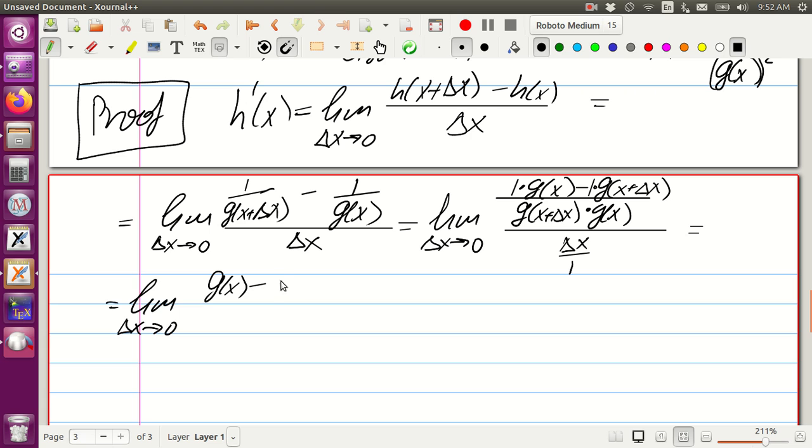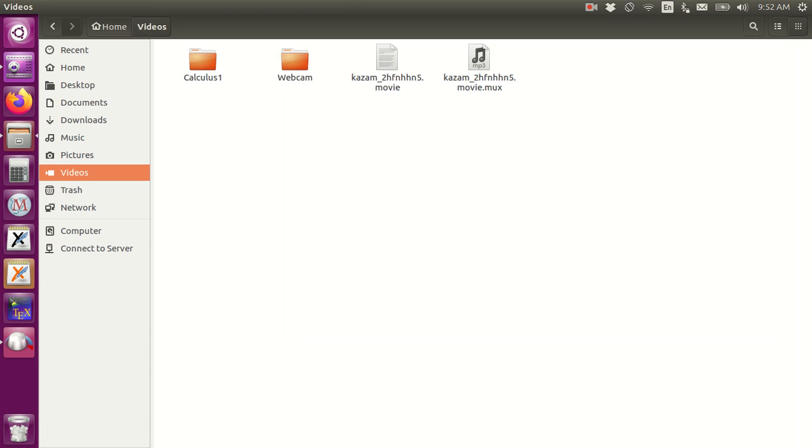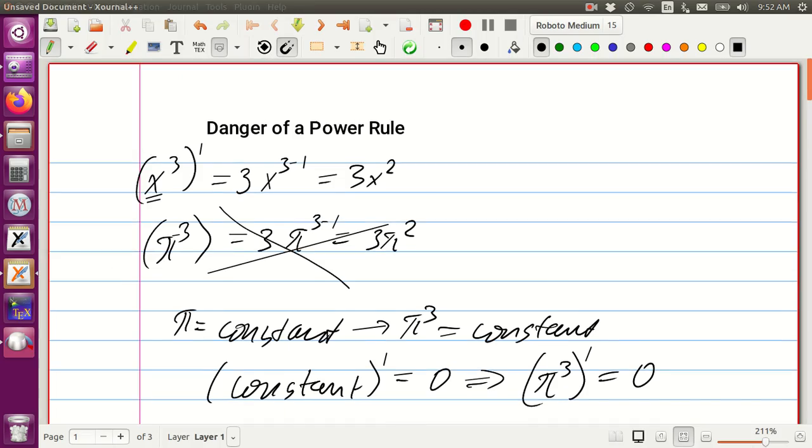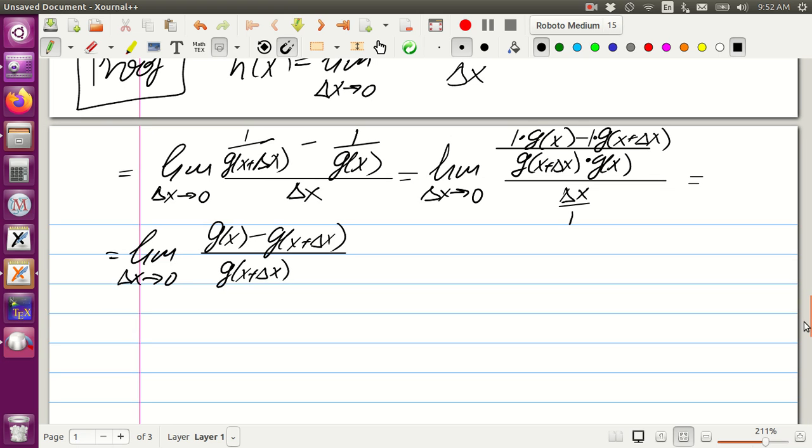We have g of x minus g of x plus delta x, and in the denominator, we have g of x plus delta x times g of x, times the reciprocal of delta x. So it's 1 over delta x.